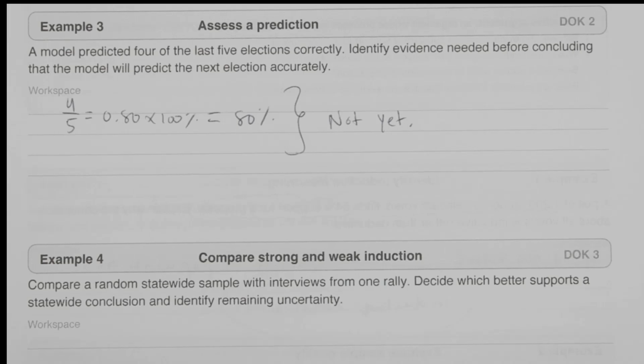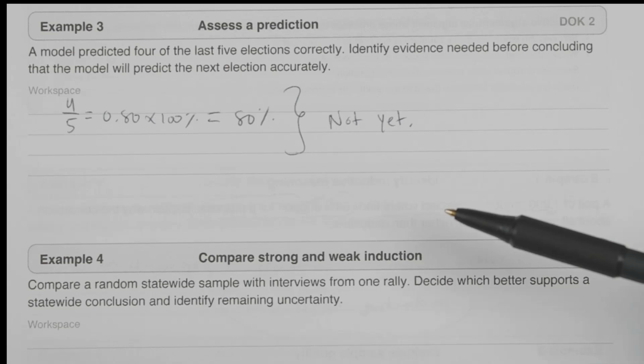Why would we want to know things such as, were these 5 elections similar? How many elections has the model been tested on overall? Were the predictions made before the outcomes were known? How would the model perform compared to other models?